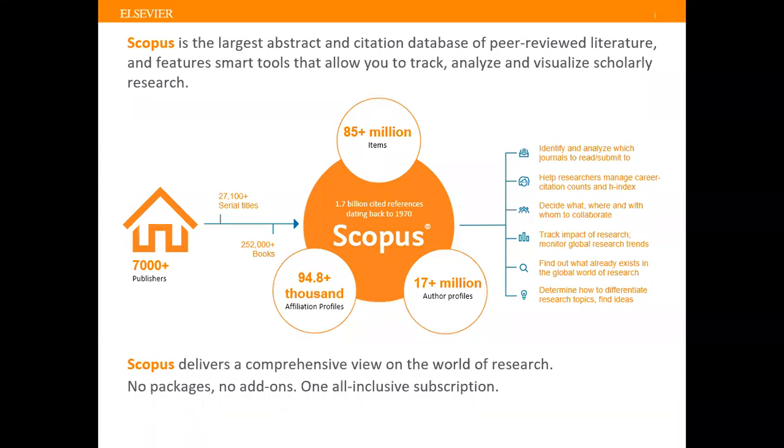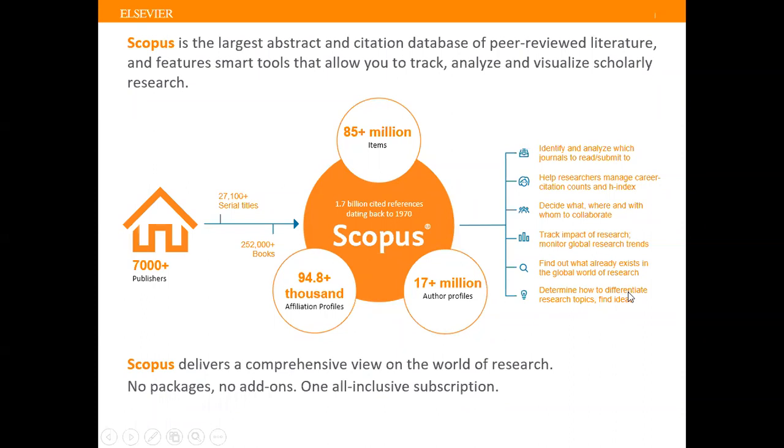So before you start carrying out your research, you can check first what has already been done by other researchers, so you don't waste your money and time repeating the same research.